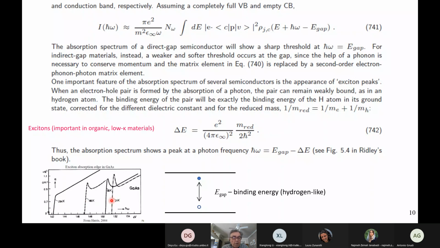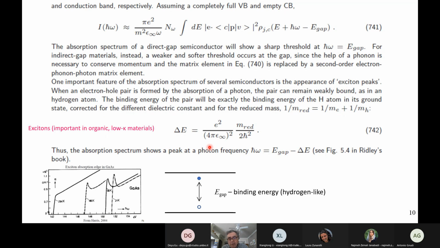So this is just the reduction of the band gap. And you see that you have roughly a rigid shift, except that you have a peak which is more and more important as the temperature is reduced, because fewer of these excitons are ionized when their binding energy is compared to kT.